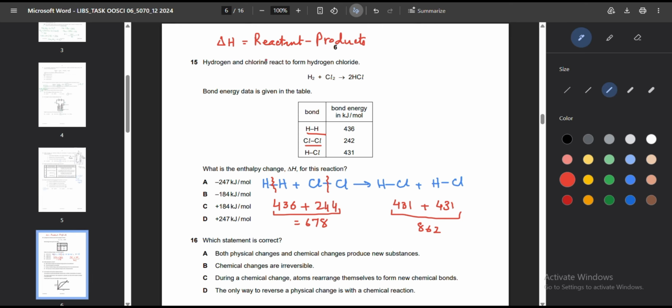It means that it is 678 minus 862. So your answer would be minus 184 kilojoules per mole. So the correct answer will be option B.